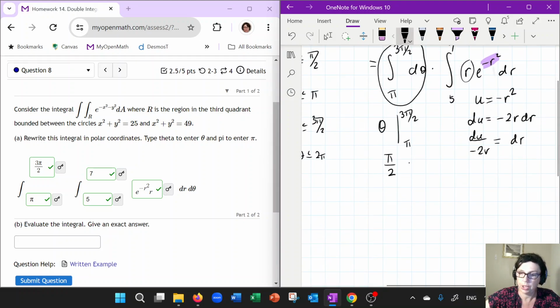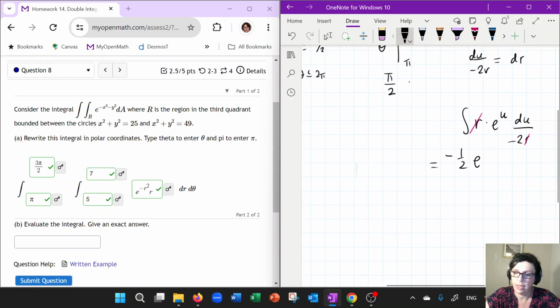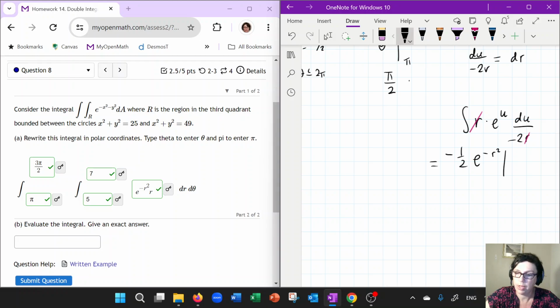So converting that, that will become r e to the u, and then instead of dr, I put du divided by negative 2r. Now you can see what happens here is that r is going to cancel. And so this is just going to be negative 1 half e to the power u, but the antiderivative of e to the power u is e to the power u. It doesn't change. And then remember that u was negative r squared. And now I substitute 5 and 7.